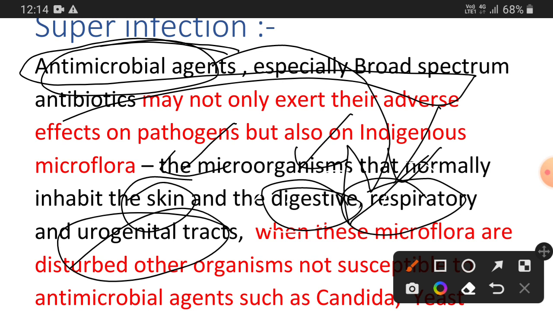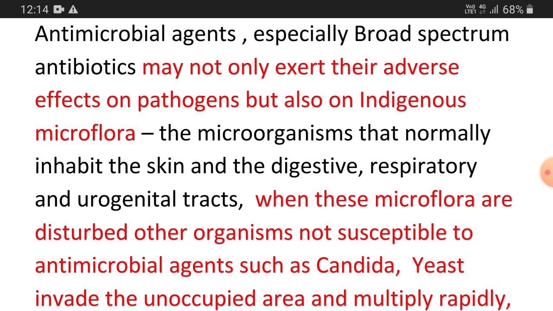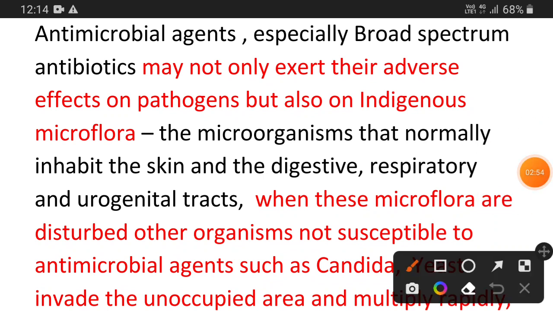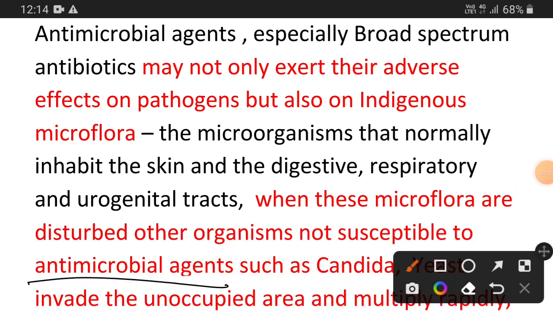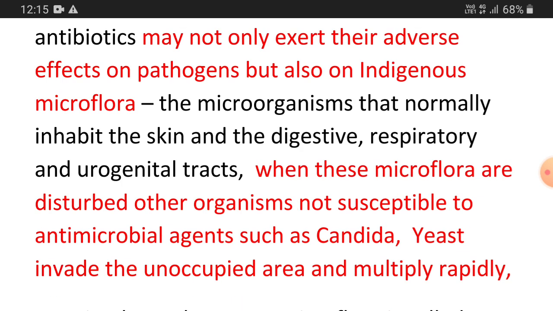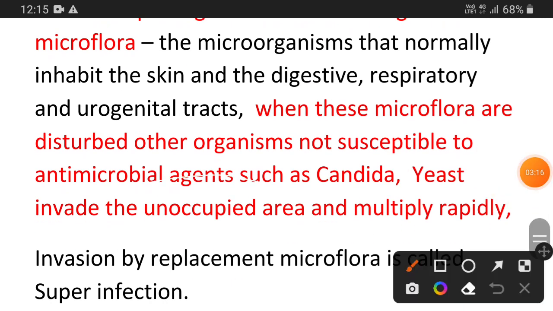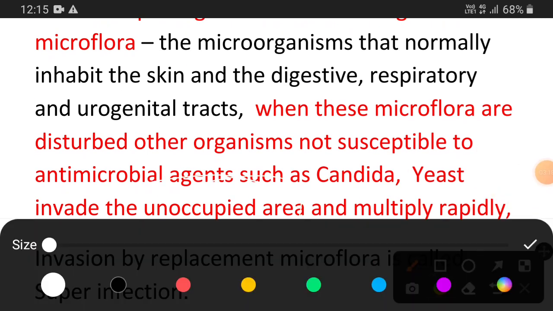Now there can be a few microorganisms, for example yeast, candida and other bacteria, which are not susceptible to the antimicrobial agent we have used. Although we are using a broad spectrum antibiotic, there is a chance that some bacteria are not susceptible to it. There is a high probability that those microorganisms will occupy the unoccupied areas and start multiplying rapidly.